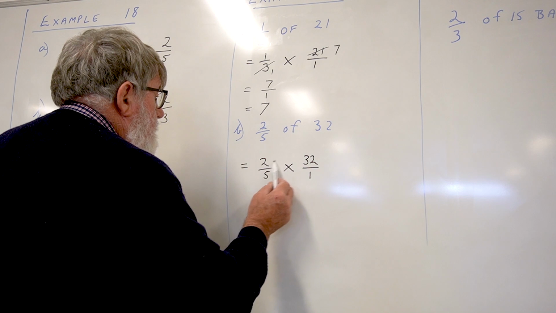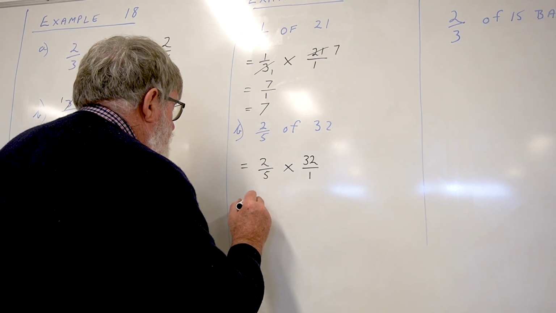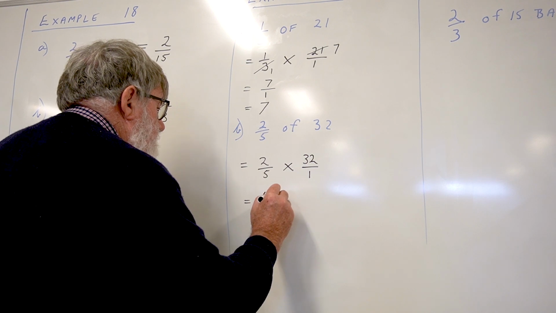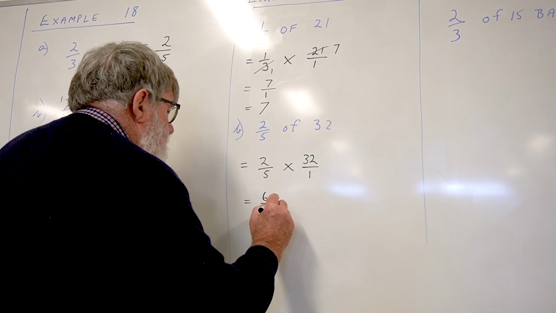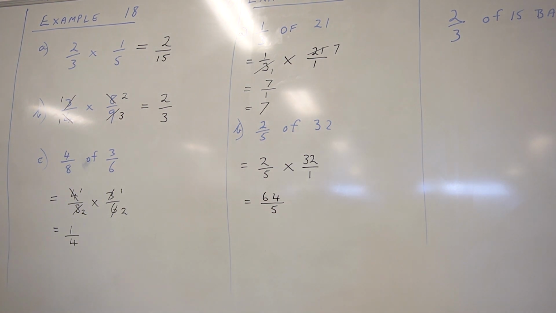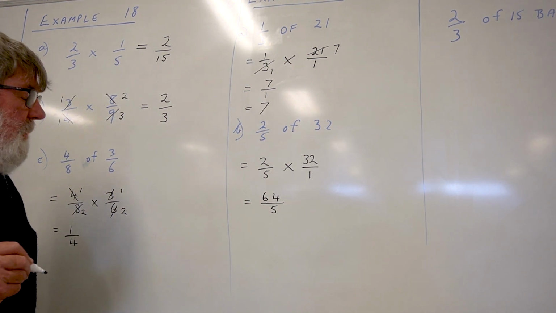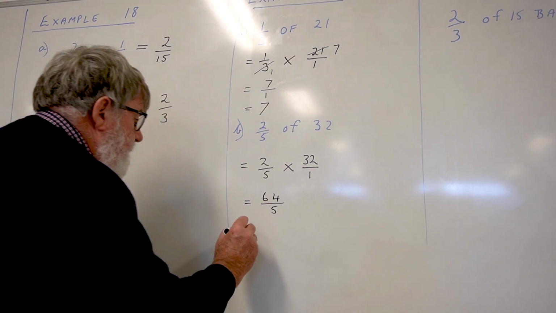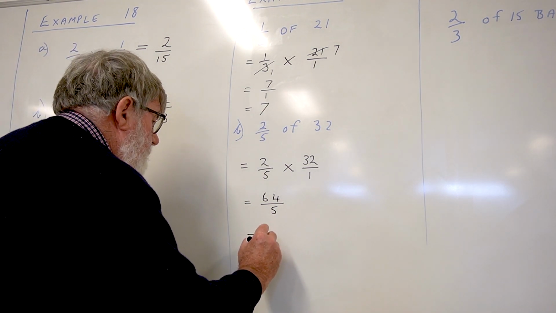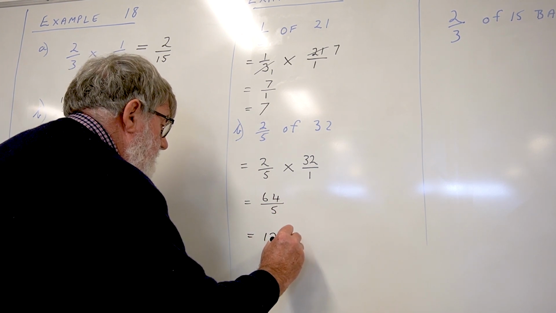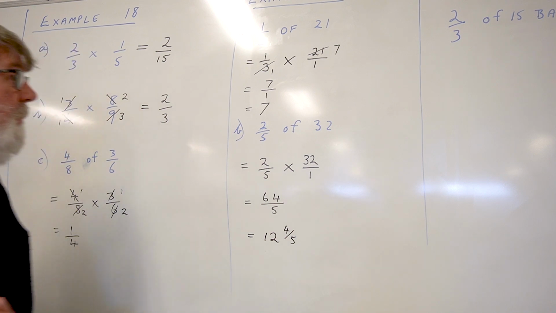So we do 2 times 32, 2 30s are 60, 2 2's are 4, my answer is 64, 5 times 1 is 5. Now we have an improper fraction, so again from the work you did 2 weeks ago, you convert that to a mixed number. How many 5's in 64? The answer is 12 and a remainder of 4, so the answer is 12 and 4/5.